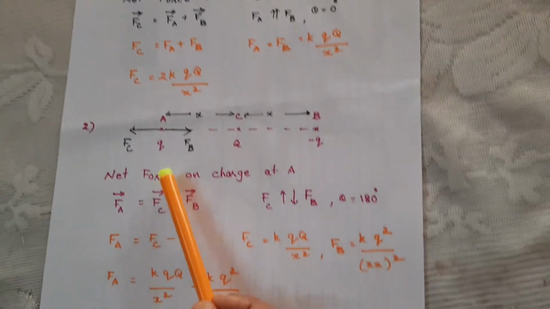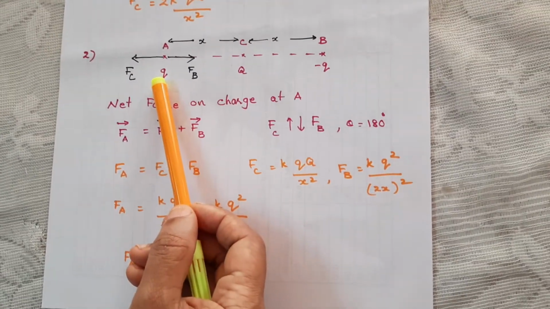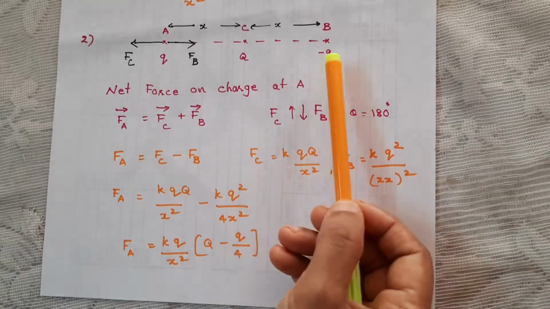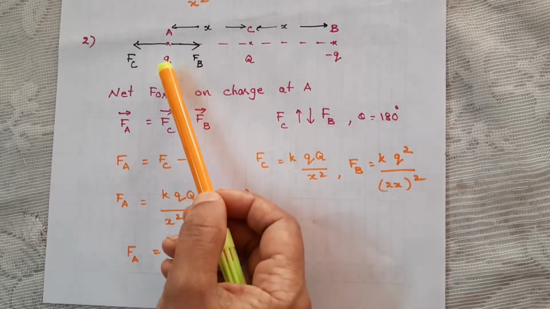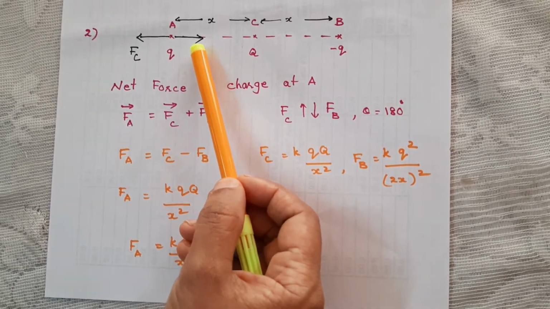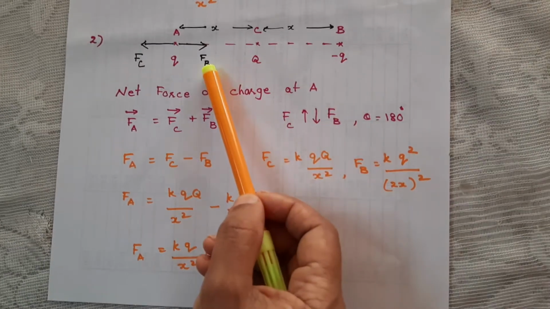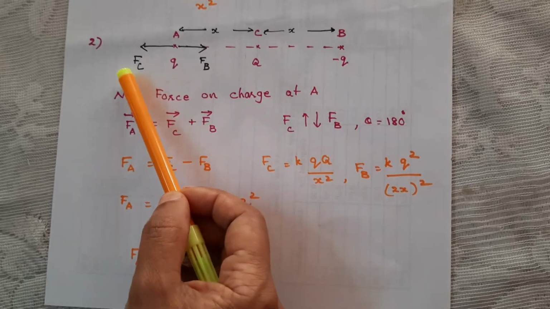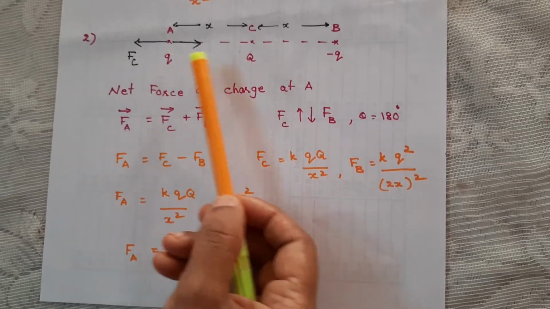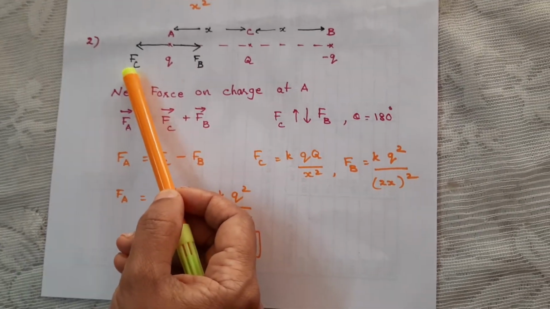And let us consider the second case in which we are finding the net force on the charge at A. Charge at B and C will exert forces. Fb is directed towards B. Since the charge is negative, the force is attractive. But Fc is directed away from C. As the charges are like charges, the force is repulsive.